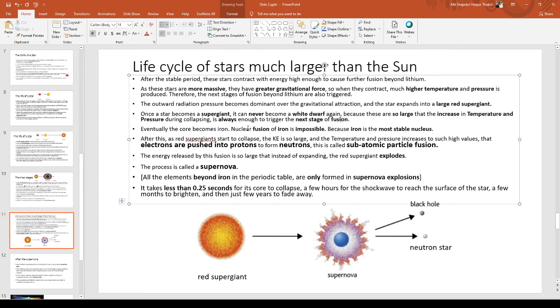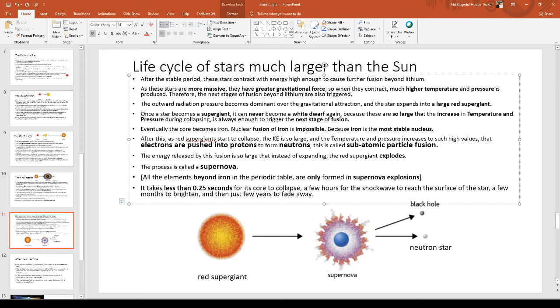But nuclear fusion of iron is impossible. That is why only after the core is iron, subatomic particle fusion occurs and a supernova takes place. So a supernova cannot form directly from the massive star. It has to form from the red supergiant.